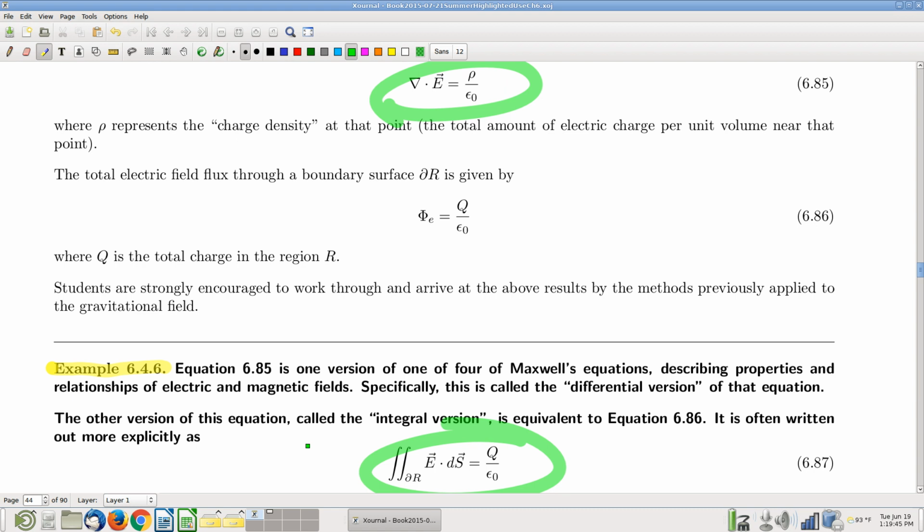When you say it like that, now you can see how closely related these are. So, in fact, you can get from that one to that one by taking a triple integral of both sides of that equation. Forgive my abusive notation here, but if you take a triple integral of divergence, you get flux. You take a triple integral of density, you get quantity.